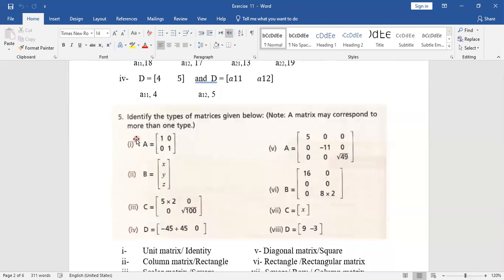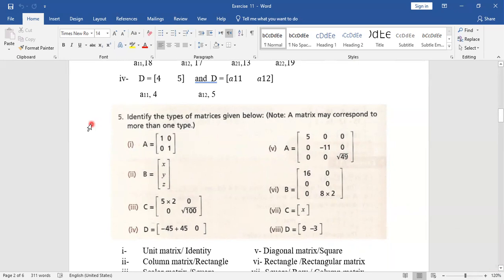Under square matrix, we divide it into 2 parts. One is diagonal. Then diagonal is divided into 2 more parts: unit matrix and null matrix, and scalar matrix.